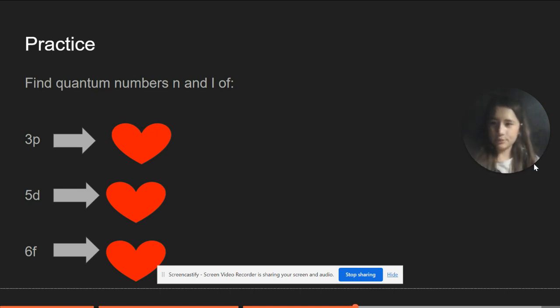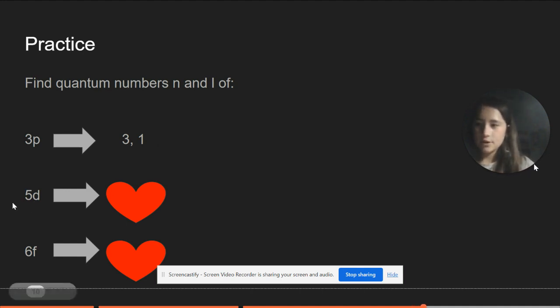Okay, so for 3p, the n value is going to be the first number. And then the L is going to be the number that corresponds with the P subshell. That is 3 and 1, because remember that the S subshell starts at 0. For 5d, it's going to be the same thing, so 5, and then D, which is going to be 2.